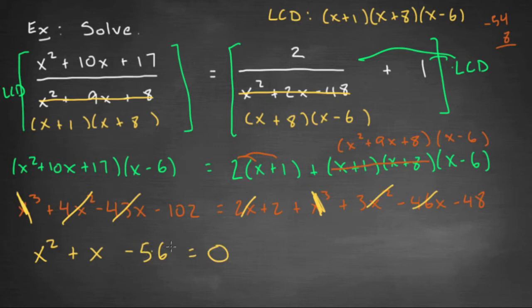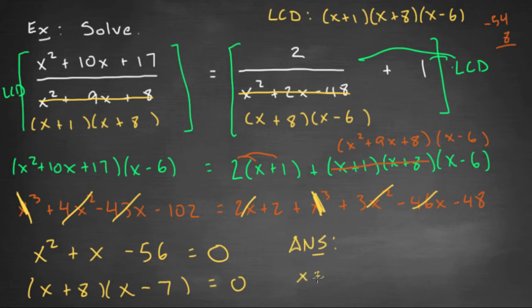So this quadratic, if we solve that quadratic, the solutions that we get should be the solutions to the original equation in white that we see up here. So I think this guy will factor, x and x, I think probably plus 8 and x minus 7. I think that would do the trick. So we get our answers.